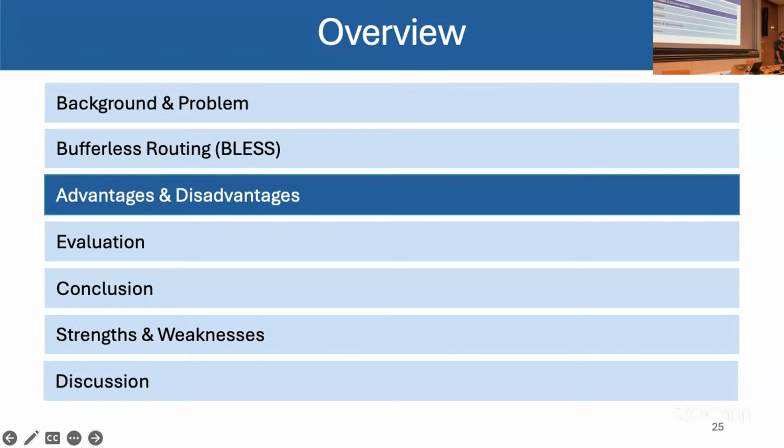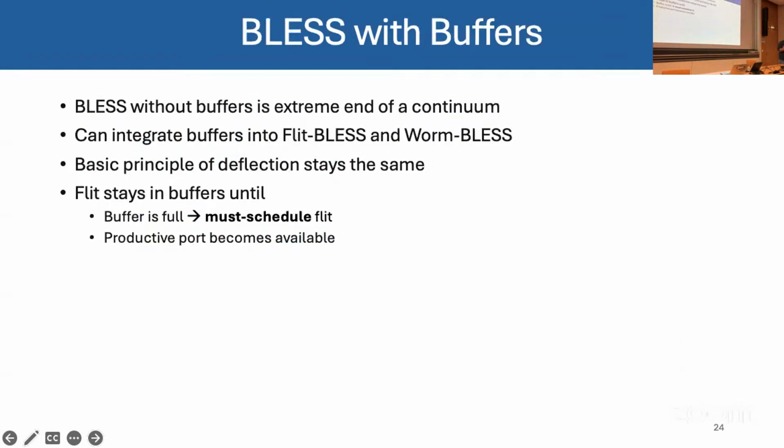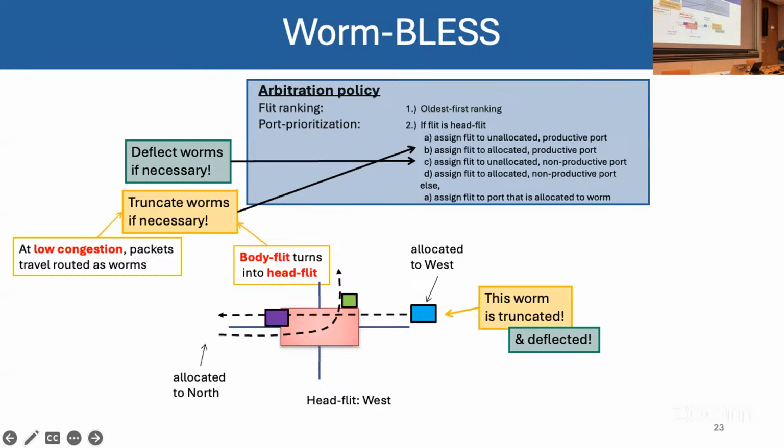When you say truncating a worm, you have to turn a flit that's inside the body of a worm into a head flit, right? And add routing information. Yeah. Doesn't that mean that in the body flit, there already has to be enough space to put this routing information in, because you cannot create new space, can you?